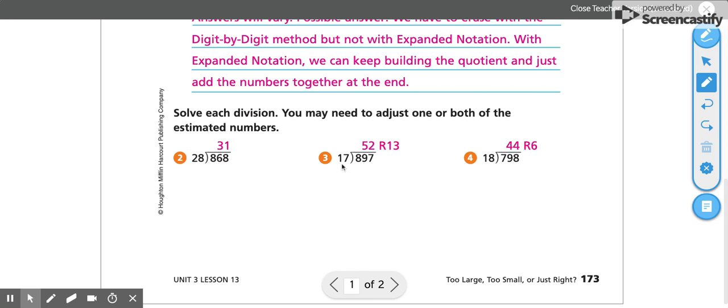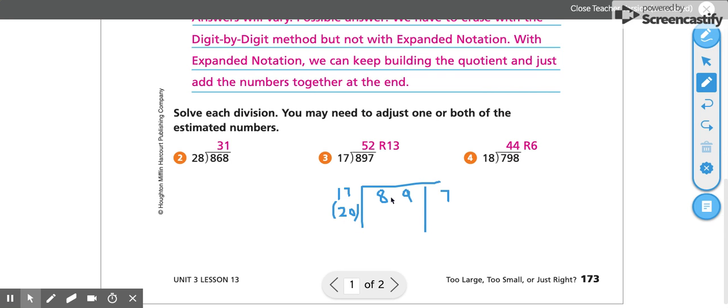We have 17 into 897. So we're going to rewrite that, 17 and 897. And I'm going to estimate my 17 to 20. And we'll say, okay, how many 20s go into 89?